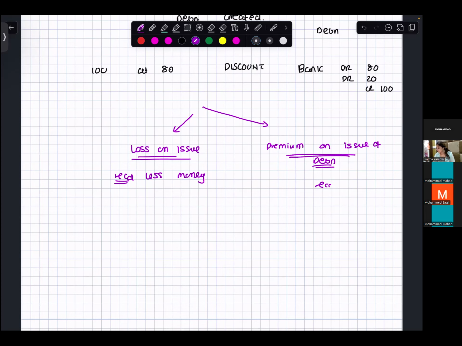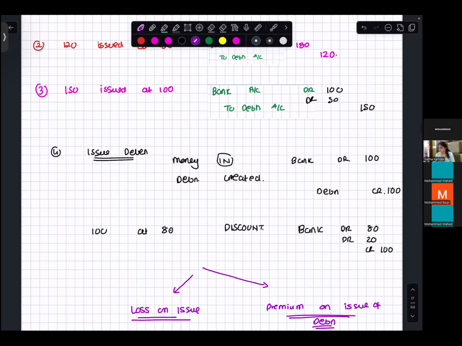You receive more money. What is the rule of nominal account? Debit all expenses and losses, and credit all income and gains. So loss on issue of debentures is always debit, and premium on issue of debentures is always credit. Are you with me? Yes.